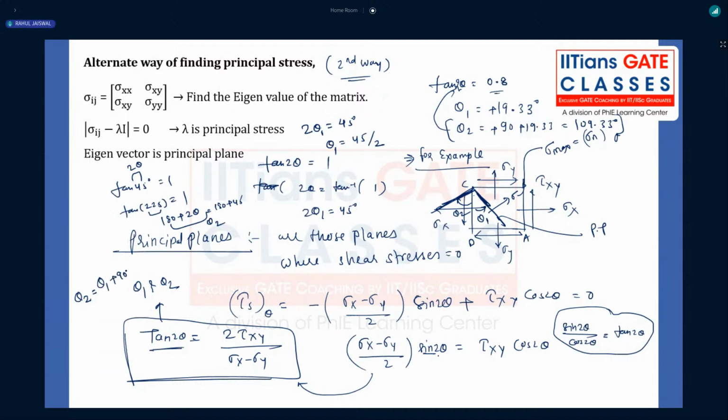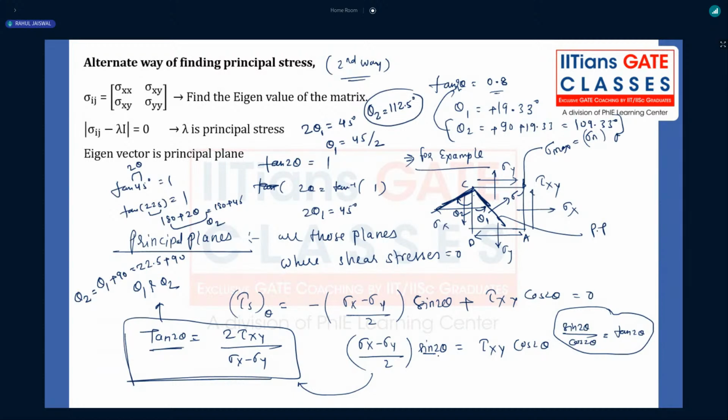Theta 1 plus 90. Then what is the value? 22.5 plus 90, that is 112.5. That will be the other value, right?